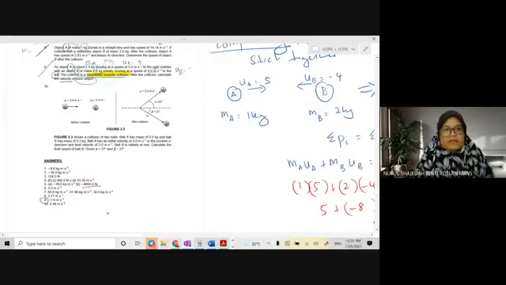Okay, number 10. Figure 3.3 shows a collision of two balls. Ball A, MA 0.5 kg, and ball B, MB 0.3 kg.